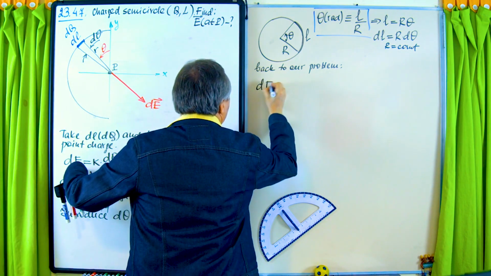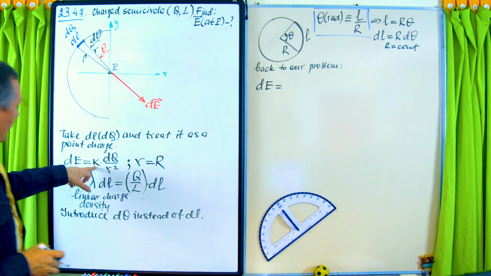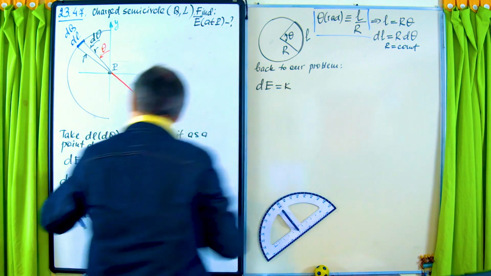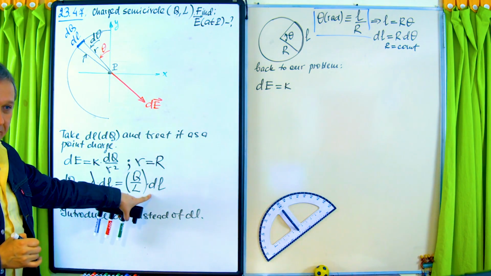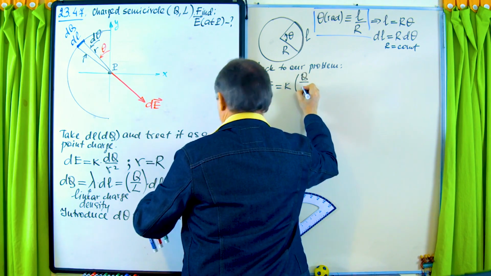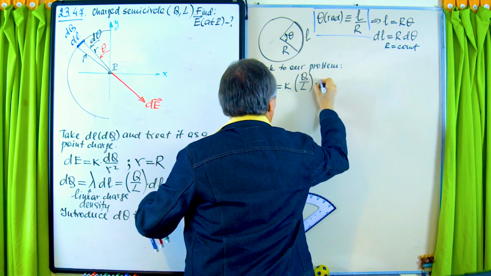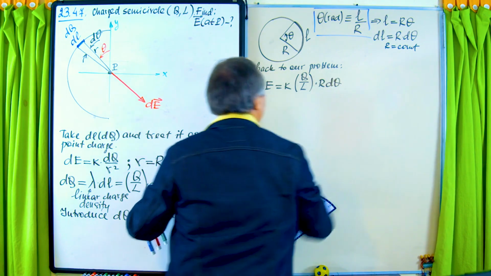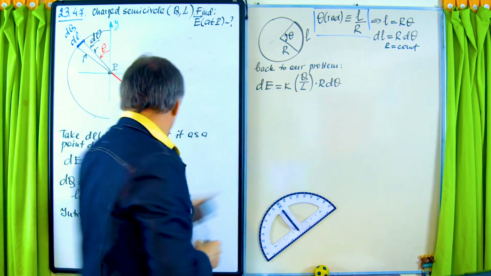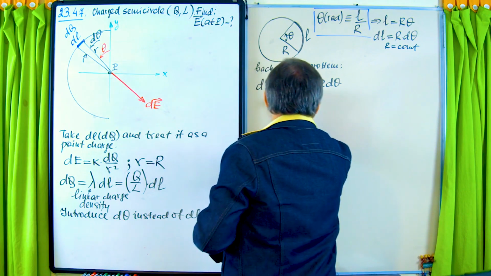So dE equals k dq over, well, dq is q over L. Instead of dl, we have r d theta, and divided by r squared, capital R squared.